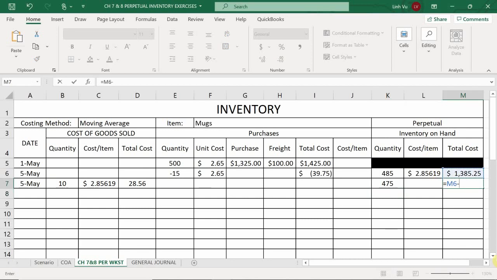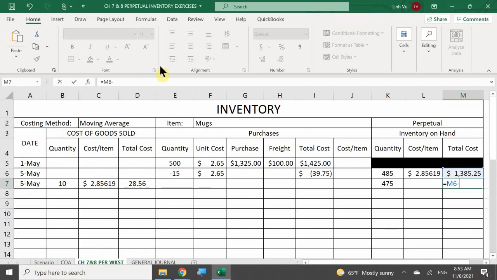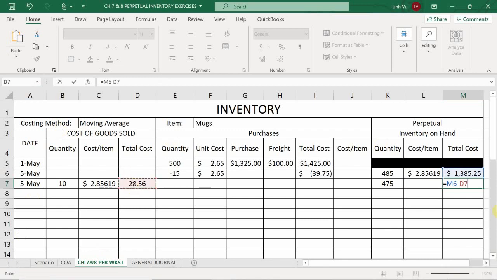Your total cost is also going to change too. Okay, I used to have 1385.25, and I sold $28.56 worth. So how much should I have left in my total cost? $1356.69.